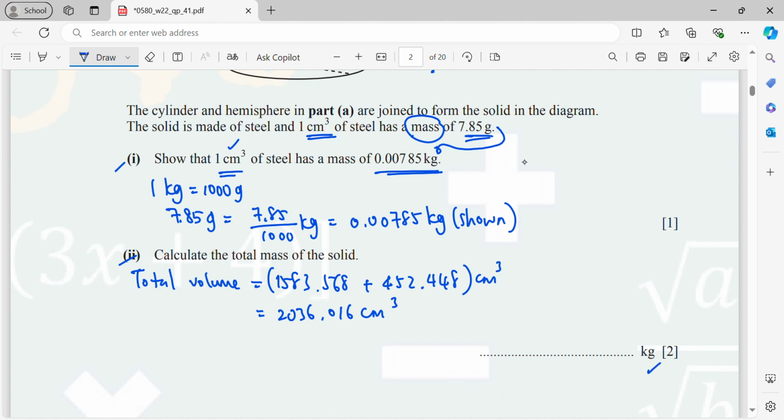So we know that 1 centimeter cubed will be 0.00785 kilograms. Therefore now our total mass will be this total volume times this many kilograms.